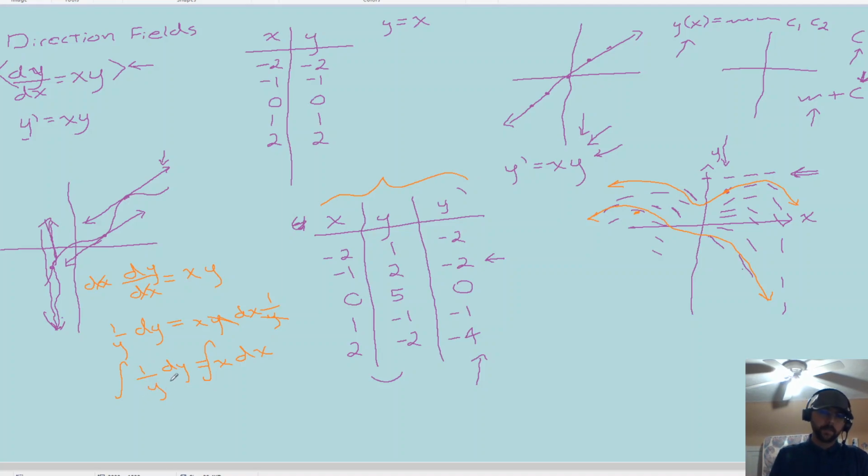So the integral of 1 over y, write it down here, should be the natural log of the absolute value of y plus c equals x squared over 2 plus c.